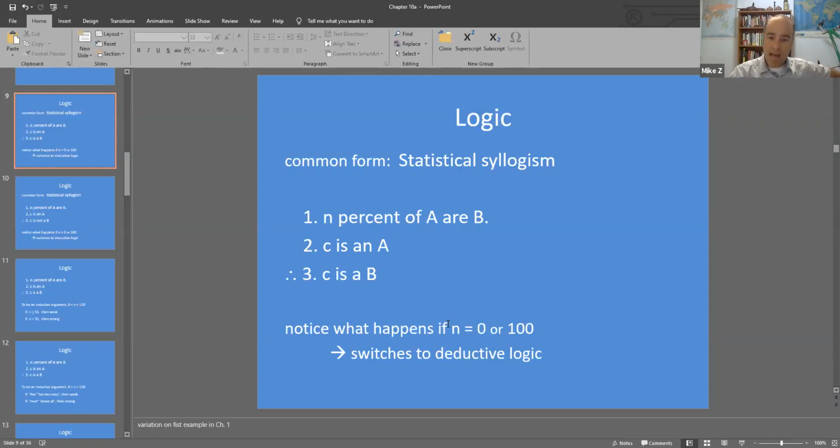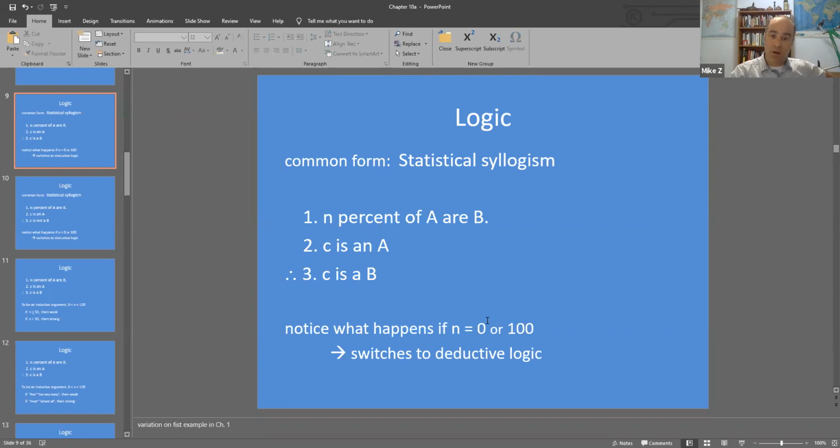But notice what happens if N, the number, the percentage here, is either 0 or 100. If N is 100, then it turns this into a deductively valid argument. It becomes like that Socrates is mortal kind of argument, right? If we said 100% of humans are mortal, that's basically the same thing as saying all humans are mortal. And then Socrates is a human, so therefore Socrates is mortal, right? So if N is 100, then this is a deductively valid argument, and it's not an inductive argument at all anymore.